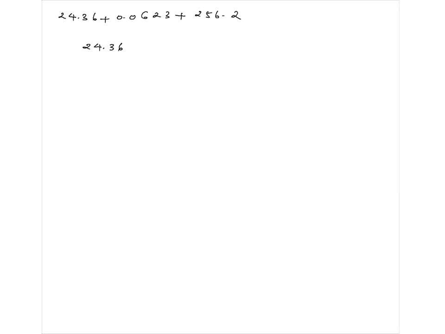24.36, one below the other. 0.0623, then 256.2. Write these so that decimals are in one vertical line. Start watching from the left for the first doubtful digit.